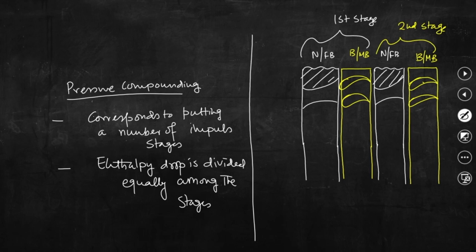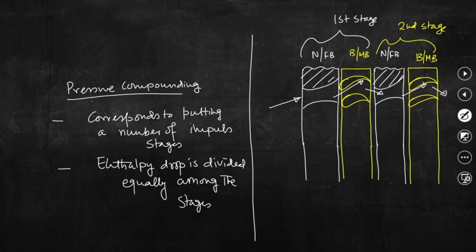Now, steam coming out from the boiler enters the first row of nozzles or fixed blades, then it comes out from the first row of fixed blades or nozzle and strikes the first row of blades, and then again it enters the second row of fixed blades or nozzles, and finally it comes out from the second row of fixed blades or nozzle and strikes the second row of moving blades, and then it comes out from the second stage.